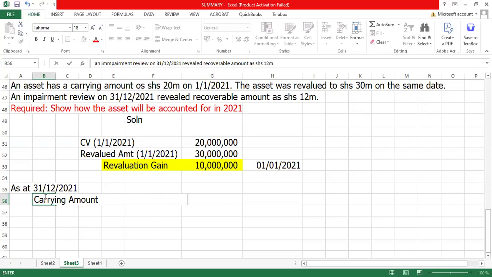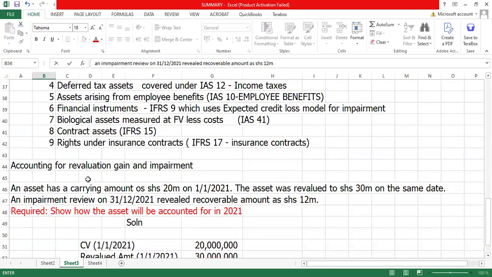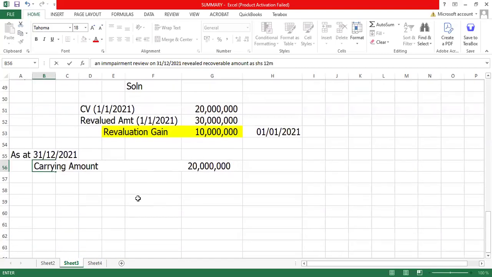Because here we don't have depreciation, the carrying amount will still be this. I just want to explain the concept of revaluation and the impairment.